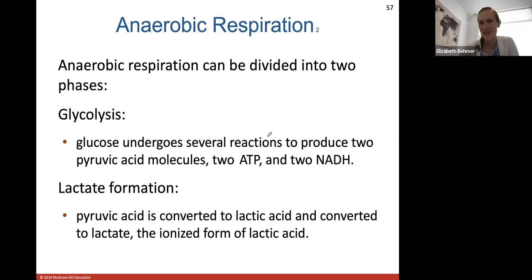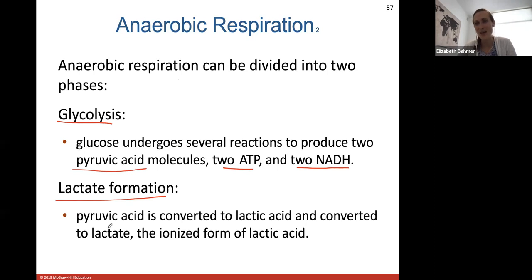Anaerobic respiration, again, can be divided into these 2 phases: glycolysis, where glucose undergoes reaction to produce pyruvic acid, 2 ATP, and 2 NADH molecules, which will be important later for a step called the electron transport chain. And then lactic acid formation is when pyruvic acid is converted to lactic acid and then converted to lactate.